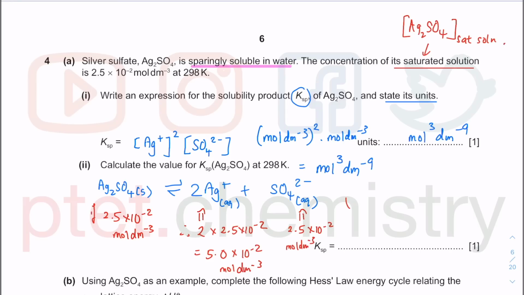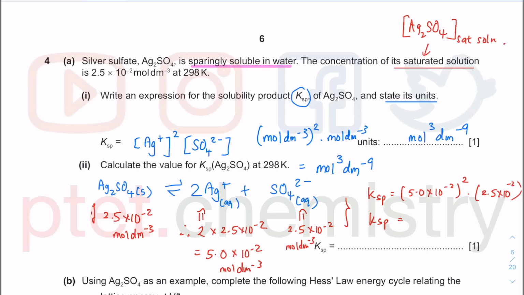They want us to calculate the value. So the Ksp is just going to be putting in the values carefully, and use brackets. This is squared for the concentration of the Ag+, and this is multiplied by the 2.5 times 10 to the power minus 2. So key that into your calculator carefully. So 5 times 10 to the minus 2: you write in 5.0 and then EXP minus 2 on your calculator, and you square that.